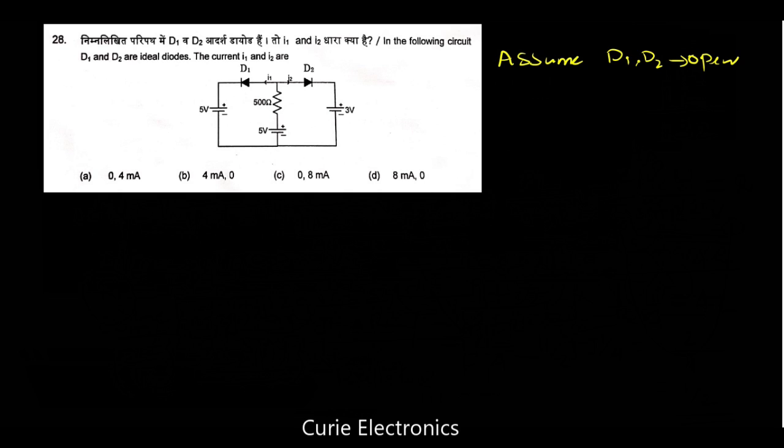Let me draw it. So I have a 5 volt supply, plus minus 5 volt. Then I have assumed both the diodes are open. So here I have 500 ohm, 5 volt.